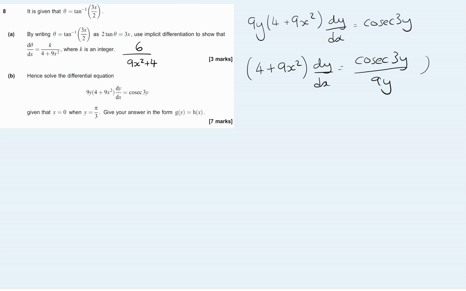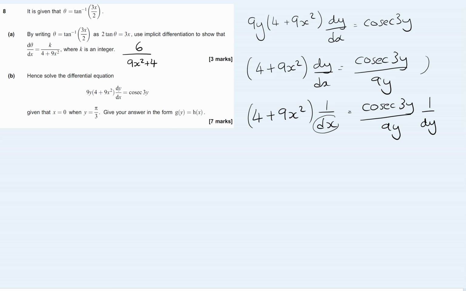So if we divide by dx, we end up with 4 plus 9x squared, 1 over dx, equals cosec 3y over 9y, 1 over dy. Now when we're integrating, we want to have just dx, not 1 over dx. We have to just do dy instead of 1 over dy. So I'm going to put both sides effectively to the power of minus 1.